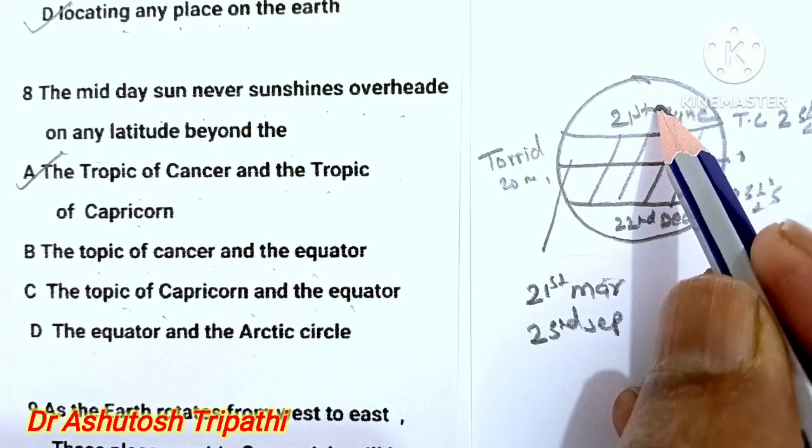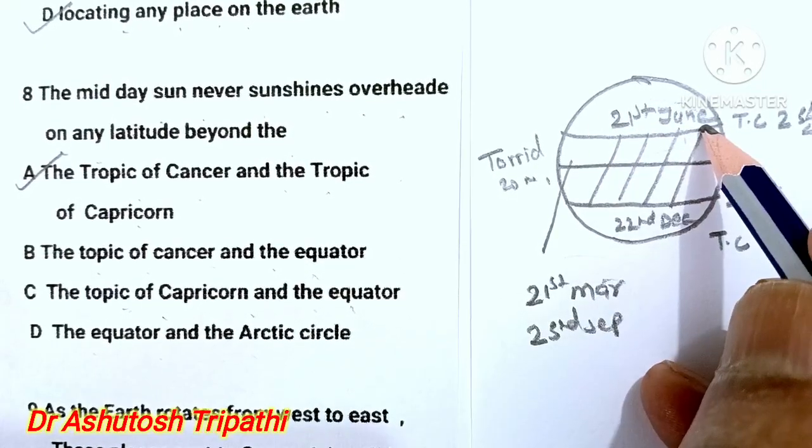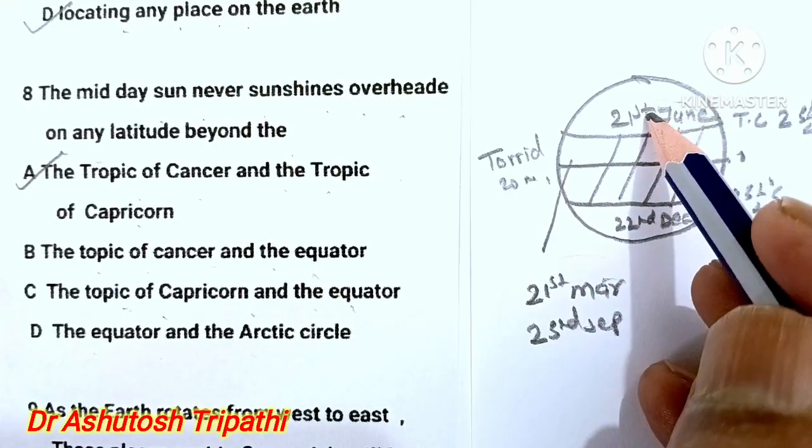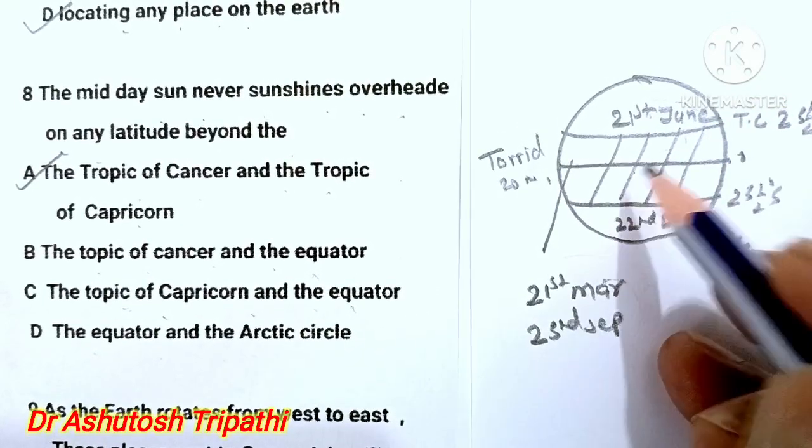On the 21st of June, when the sun is vertical over the Tropic of Cancer, the northern hemisphere feels summer, with long days and short nights.